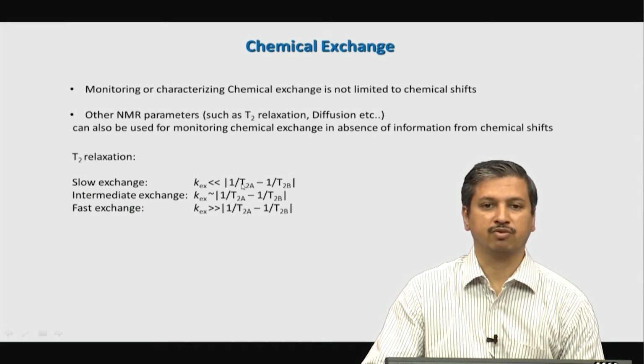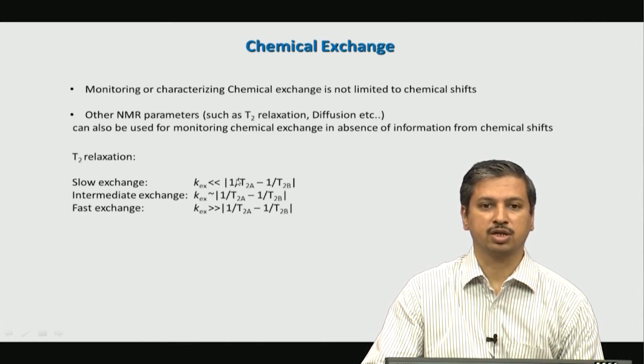Here we are measuring 1 over T2, not T2 directly, because 1 over T2 is a rate, and the exchange is also a rate. So, the exchange rate is slow if it is much smaller than the difference in the 1 over T2 of state A and state B, which we are trying to characterize.